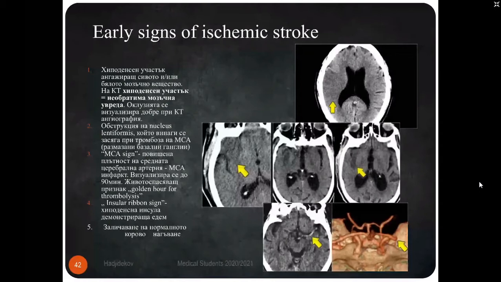Sometimes in ischemic stroke, the differentiation between the white matter and the gray matter is not so clear. You can see again in the upper image that you cannot differentiate very well between the gray matter and the white matter compared to the non-affected left side.